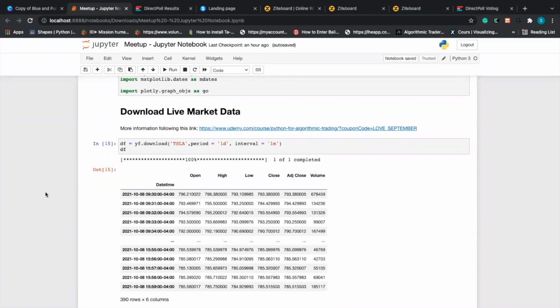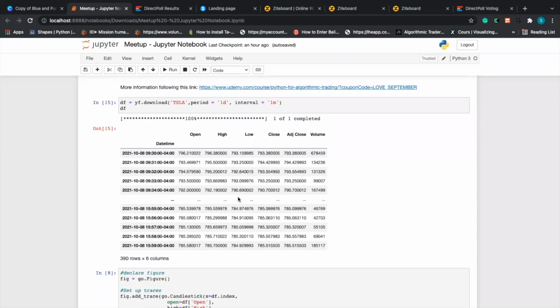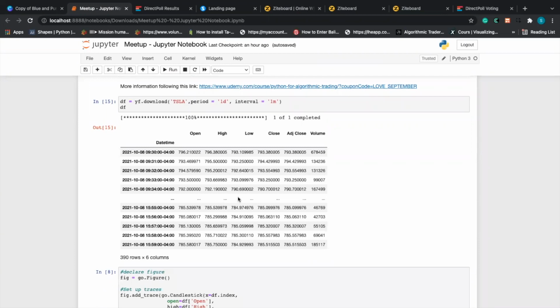When I was working for Deloitte a few years ago, we were using the Bloomberg API, which was even more accurate. But that's something like 6,000 per month, if I'm not wrong, in terms of fees.